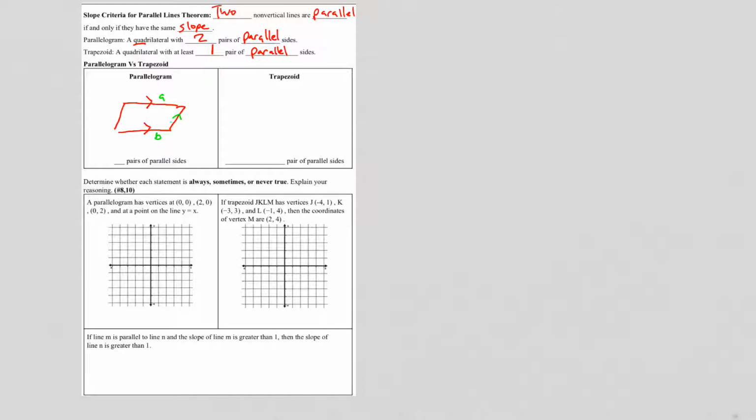And then this double arrow means that these two lines, C and D, are parallel to each other. So you can see hopefully that it has two pairs of parallel sides. And granted, my drawing is not a perfect representation of a parallelogram, but for now it'll do.